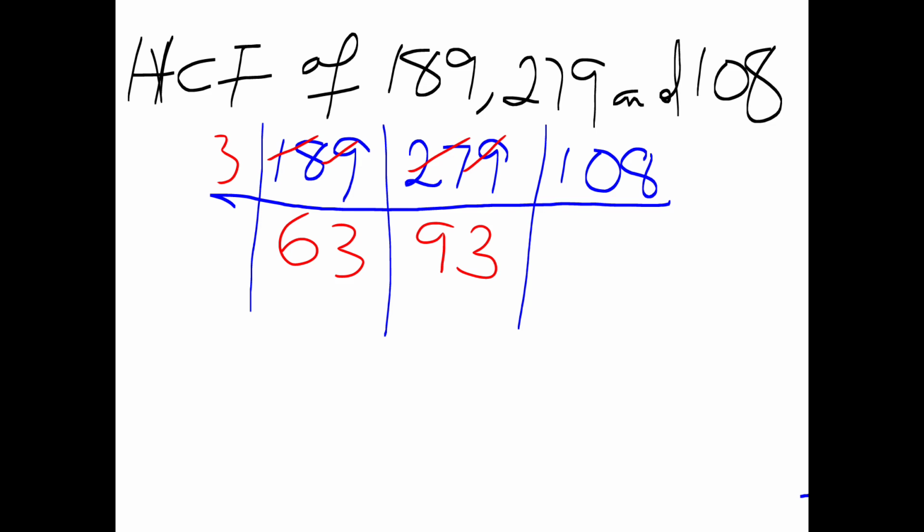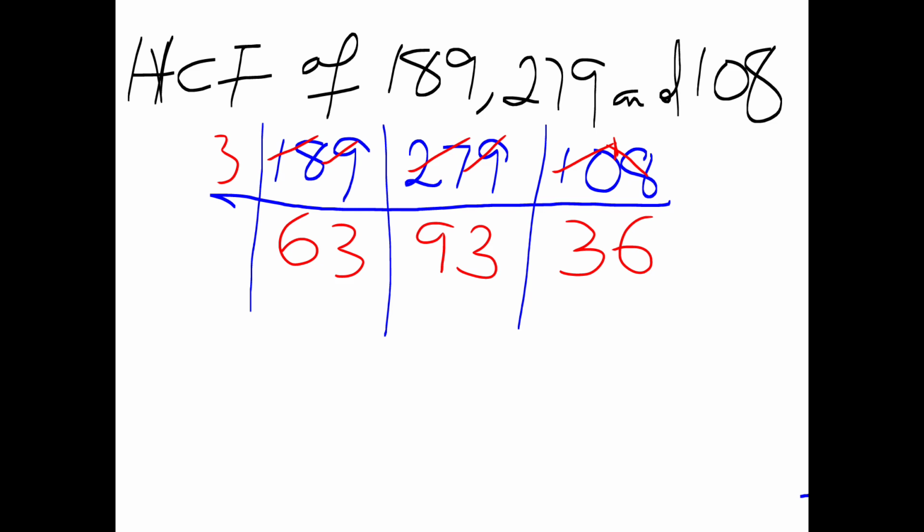And to the last number, 108: how many 3 will you see in 10? 3. And we have 1 as our remainder, right? Good. Attach the 1 to the 8 to give us 18. So we say, how many 3 will you see in 18? 6. Very good. Do you get that?